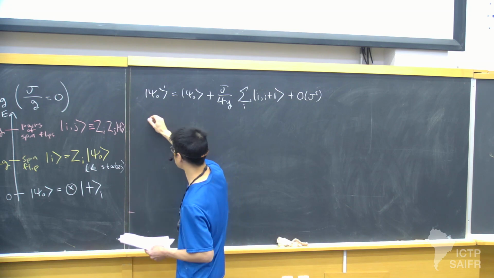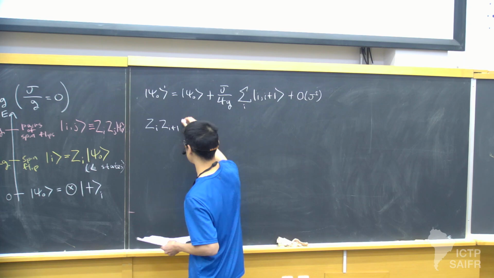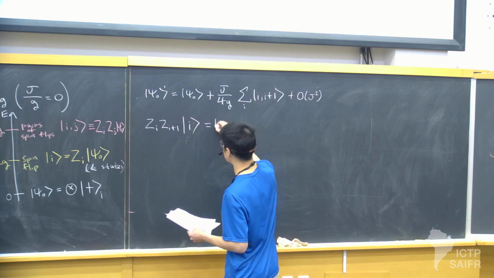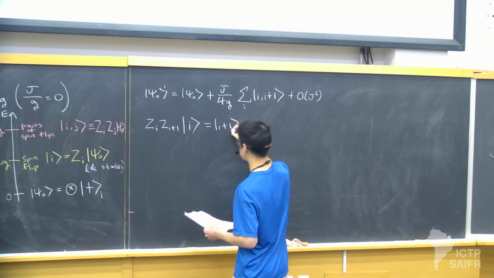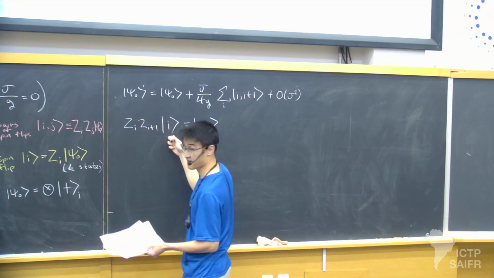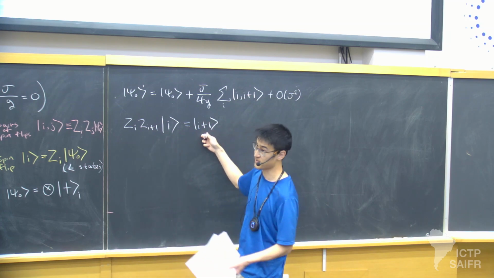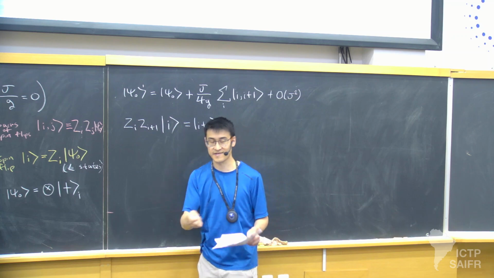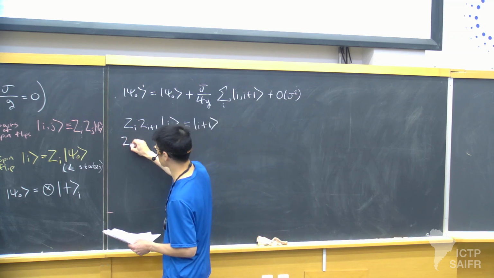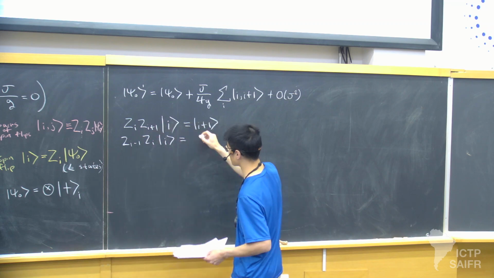So you can see that if you apply Z_{i+1} to the spin flip at i, then you simply hop it over to the next site. Z_i will cancel out Z_i in the i state, then Z_{i+1} will produce the spin flip at i+1. So ZZ just hops an excitation from i to i+1. And similarly, Z_{i-1} Z_i acting on i hops it the other way.